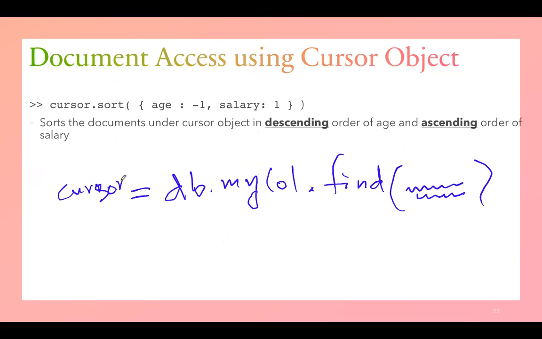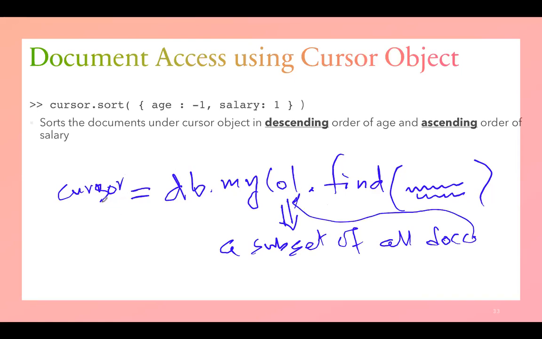Pointer to what? Pointer to only a subset of the documents. Because what does a query do? A query essentially gets you a subset of the rows, a subset of the tuples. So after launching this query, I will get a subset of all the documents I have in my collection. And this cursor will be pointing to that subset of all documents.